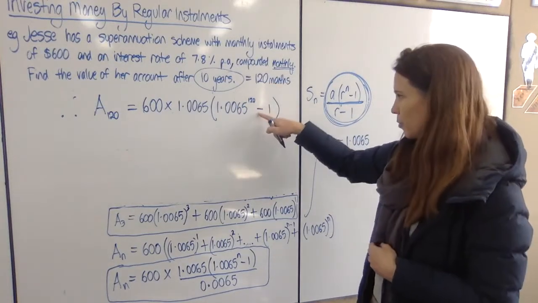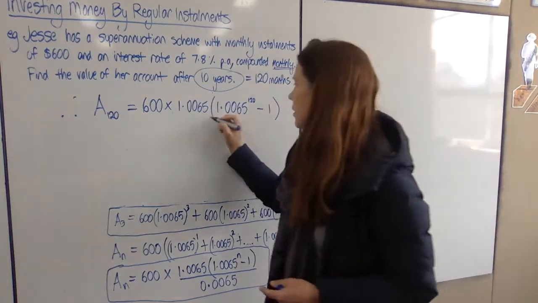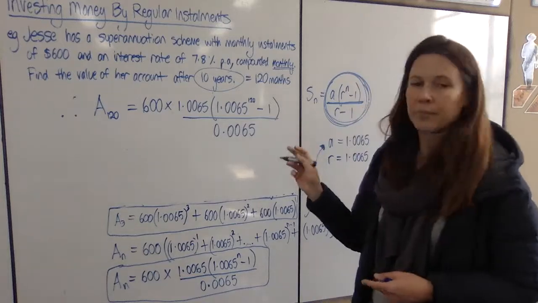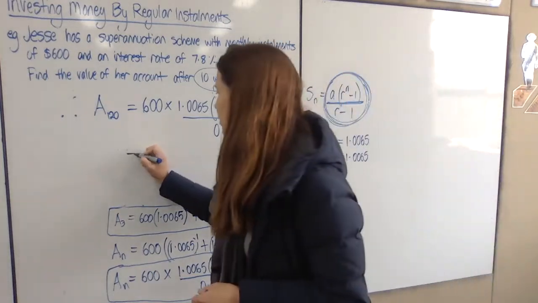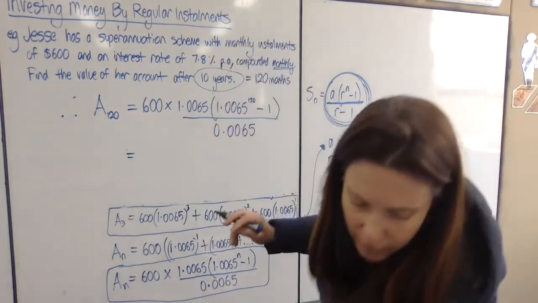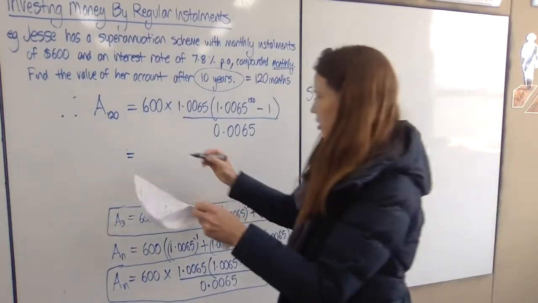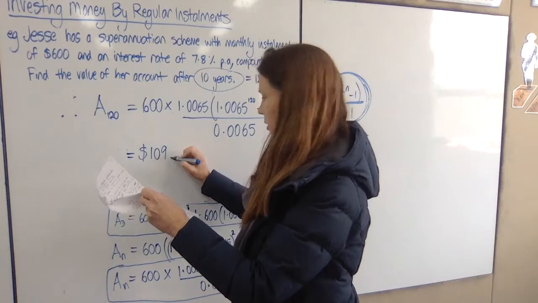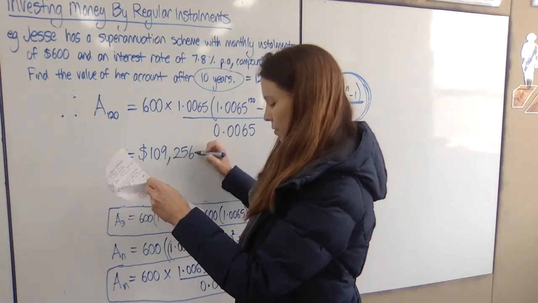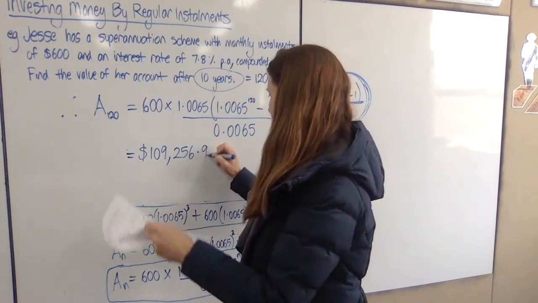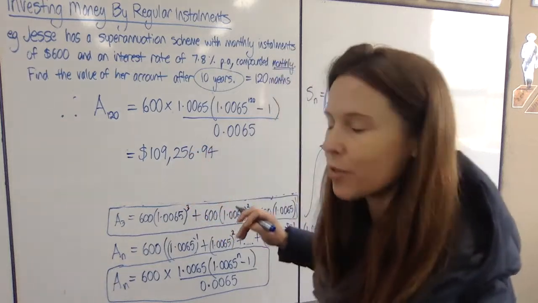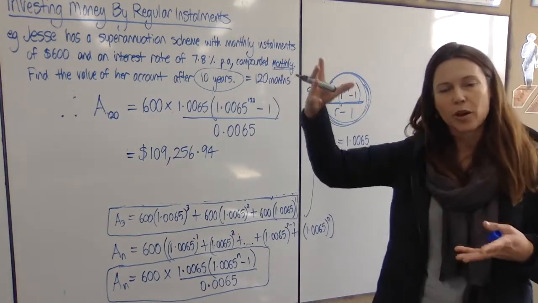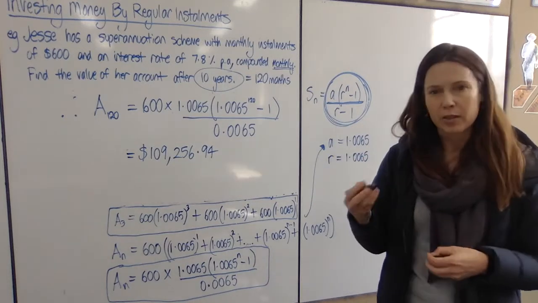Get out of your power and put a big minus 1 down low there, over 0.0065. Put all that in your calculator carefully and you'll find your answer, which is that Jessie will have, after 10 years, $109,256.94. So she's not quite ready to retire yet, but she's only been working for 10 years. And this is going to grow quite rapidly because it's compounding.